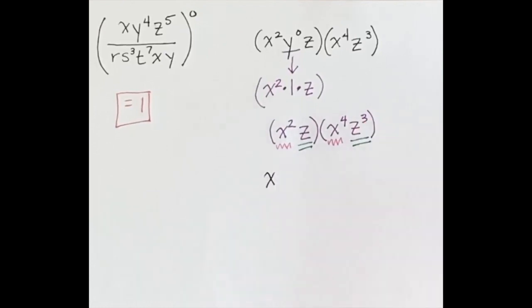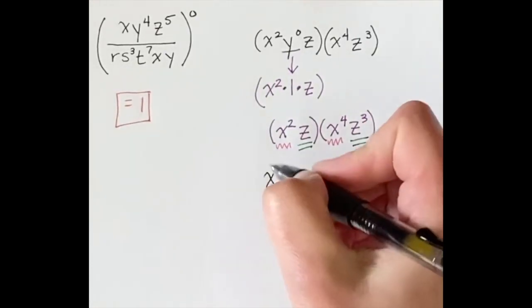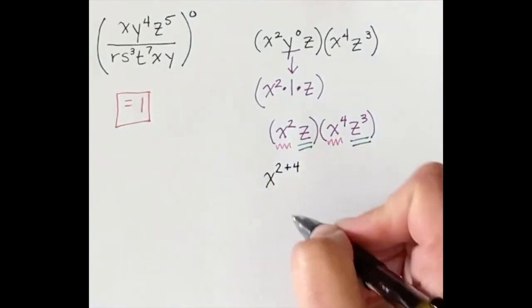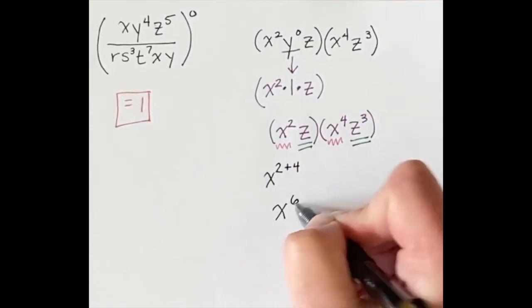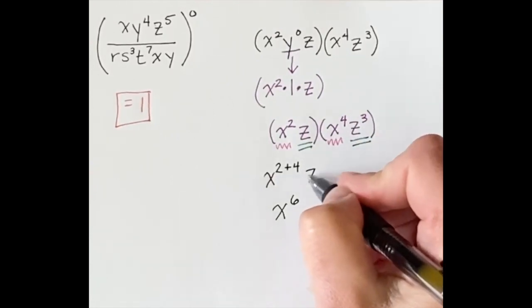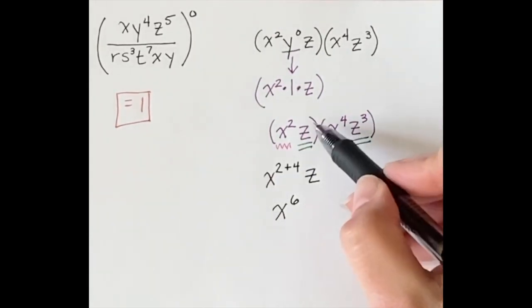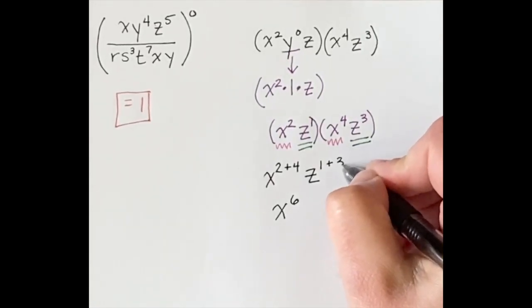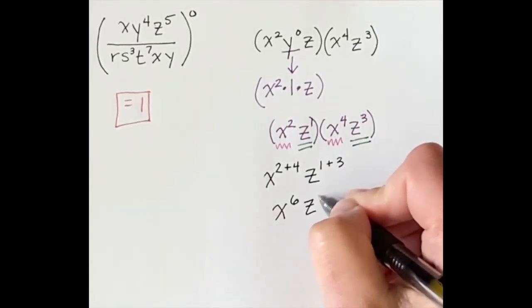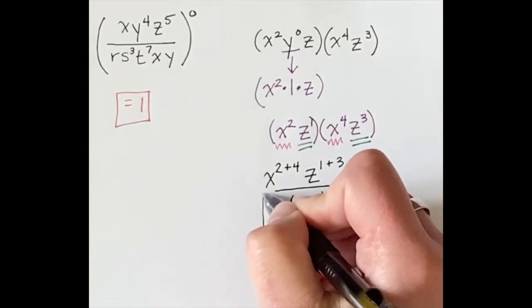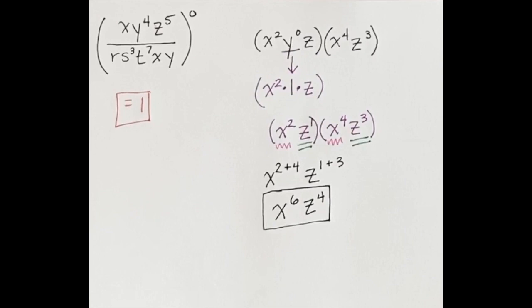So this problem is really the base of x with the exponent of 2 plus 4, which we know is 6, and then the base of z with the exponent of, remember this is an assumed 1 right there, 1 plus 3, which is 4. So there you have it. Final answer, x to the 6th times z to the 4th.